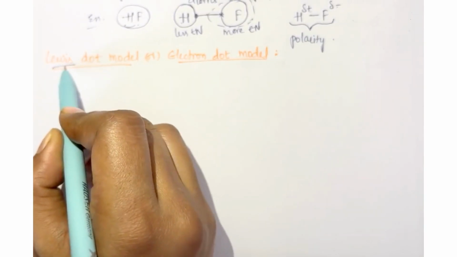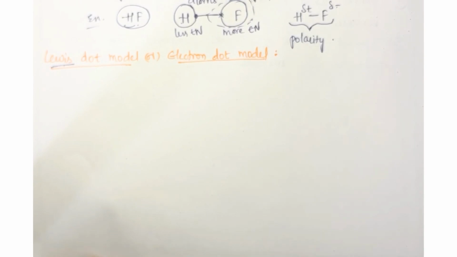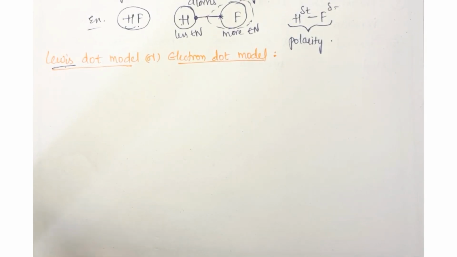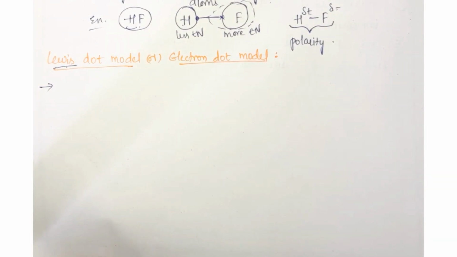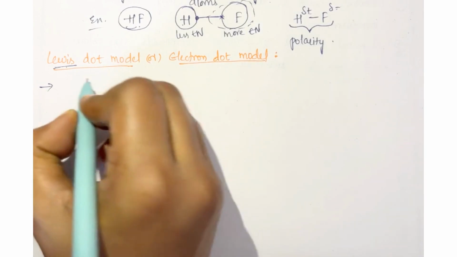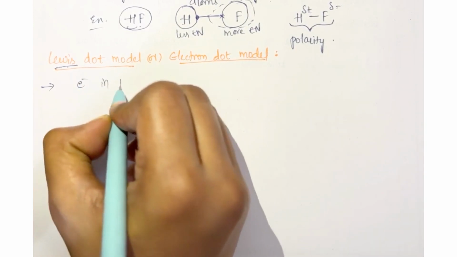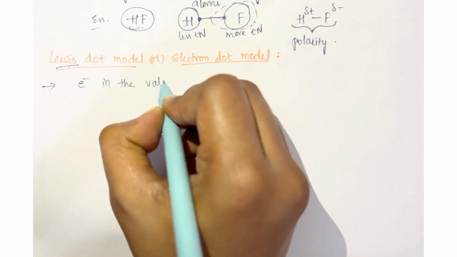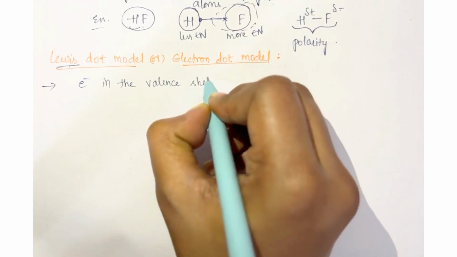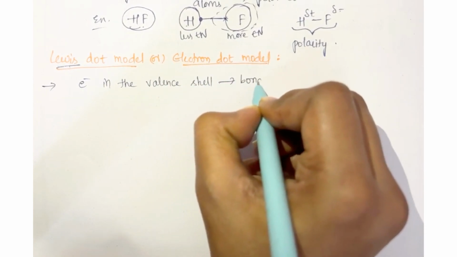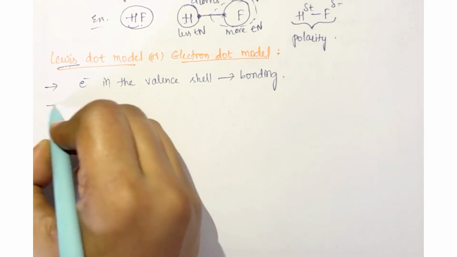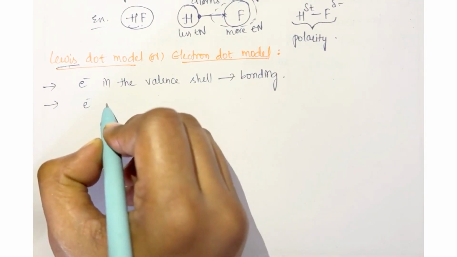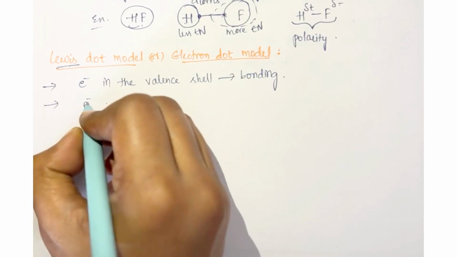Lewis scientist explained the covalent bond formation using Lewis dot symbols. He gave Lewis dot symbols for different elements and explained the bonding in different atoms. So, electrons that are present in the valence shell are only used for the bonding, and these electrons in the valence shell are shared.